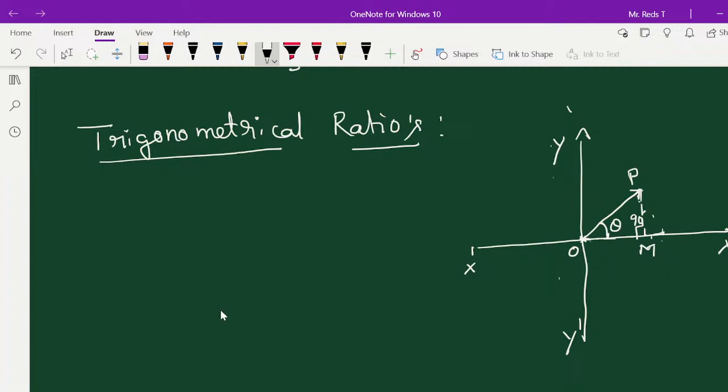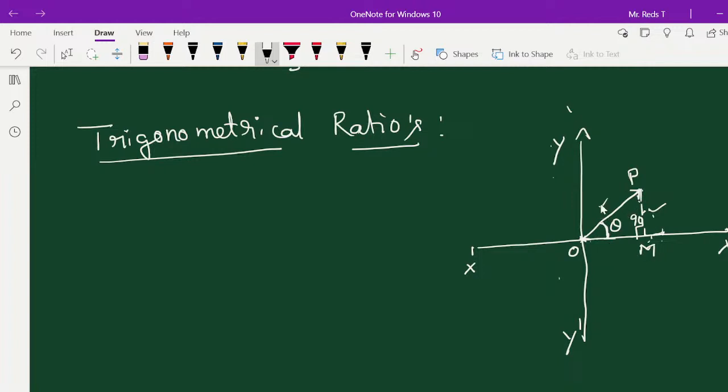Now, to understand trigonometric ratios, we have to remember a few simple terms, guys. In this triangle, the side which is opposite to the angle theta, that is PM, will be called the opposite side. The side which is opposite to the right angle 90, that is side OP, will be called the hypotenuse. The side OM, with which the line OP is making an angle theta, is called the adjacent side.